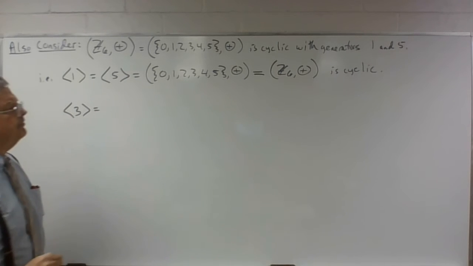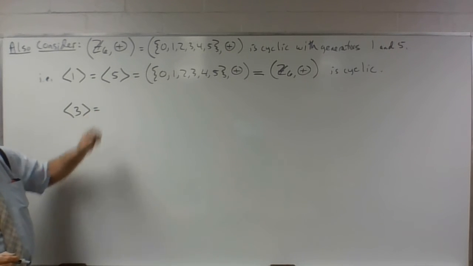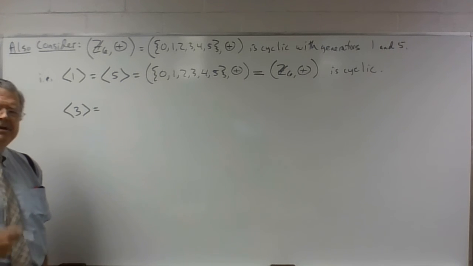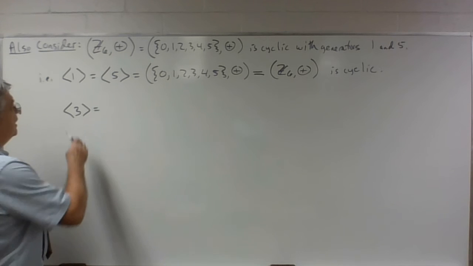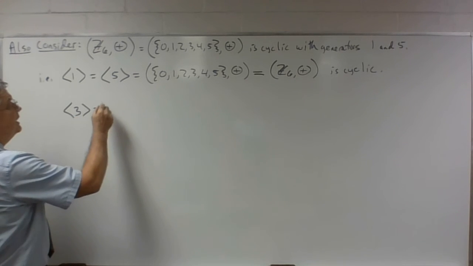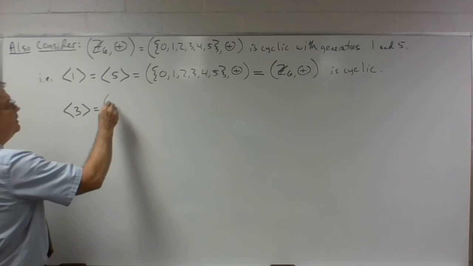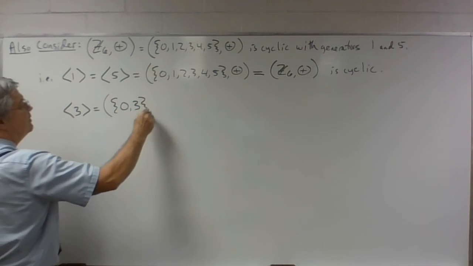And now let's look at some of the subgroups of this generated by those elements that are not relatively prime with respect to 6. The subgroup generated by 3, I think we did that already, and it turned out to be just these two elements.